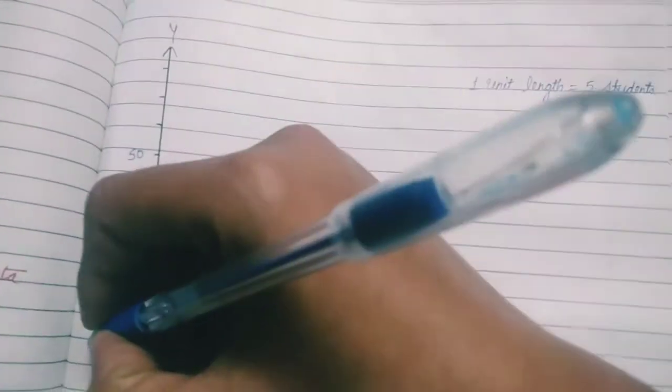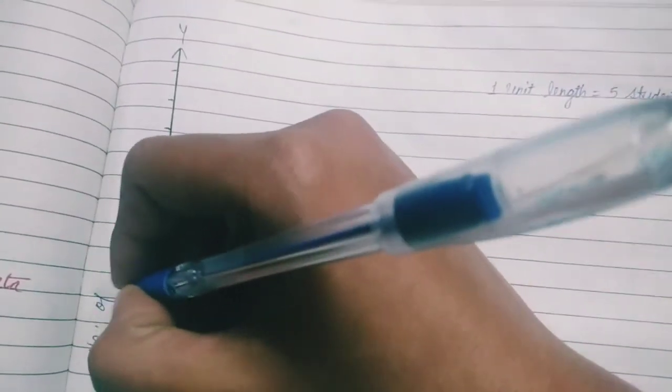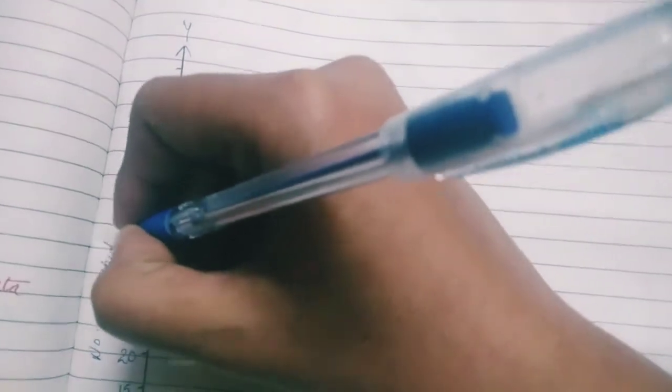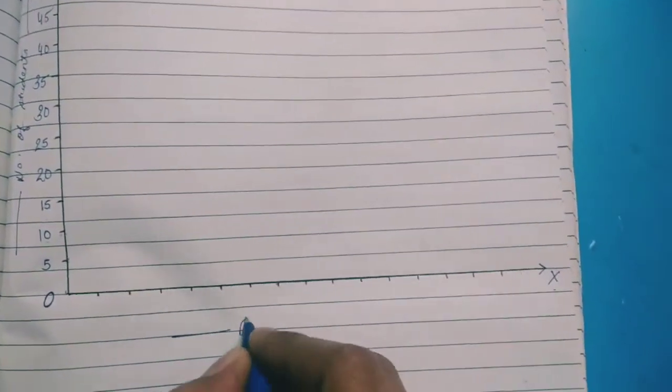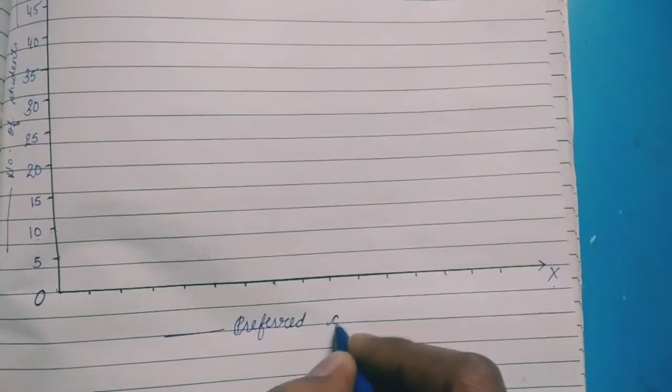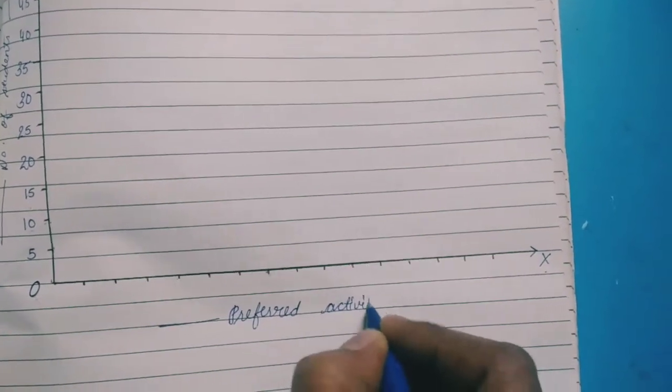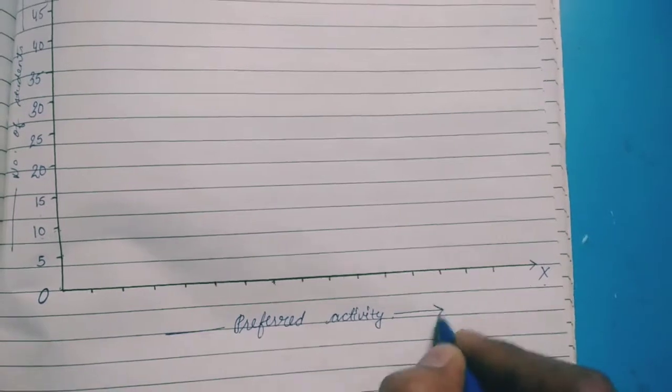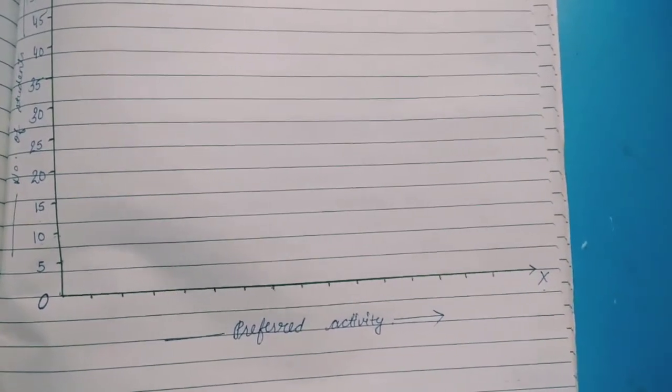So here we have number of students on the y-axis, and on this axis we have preferred activity.